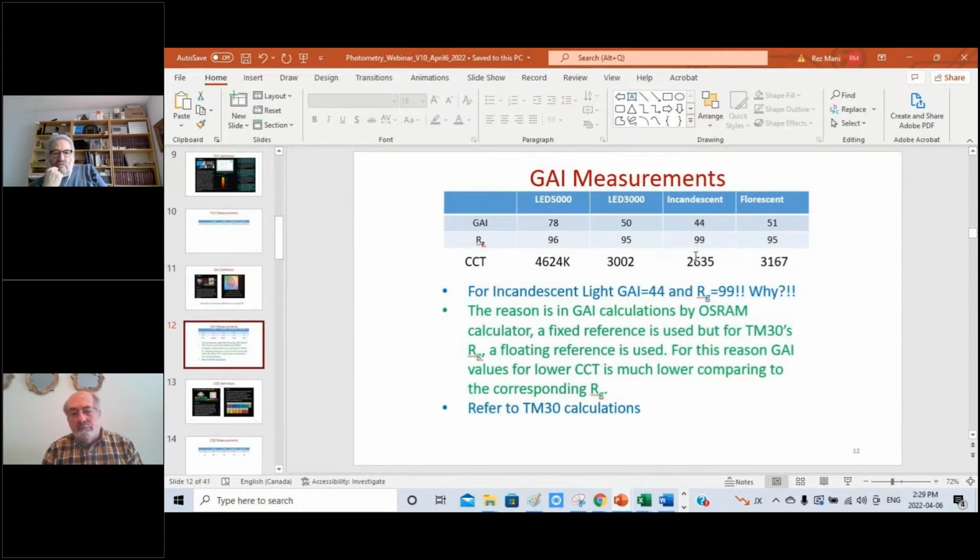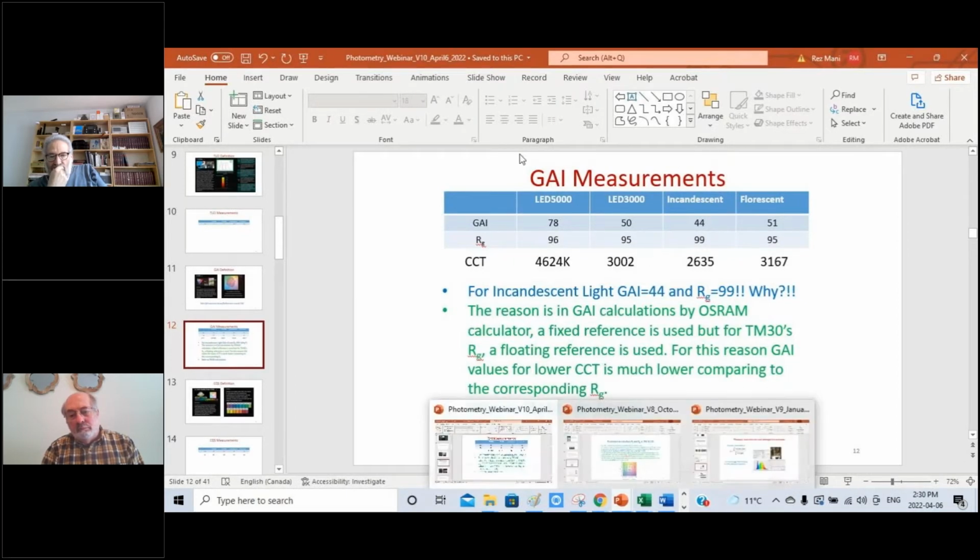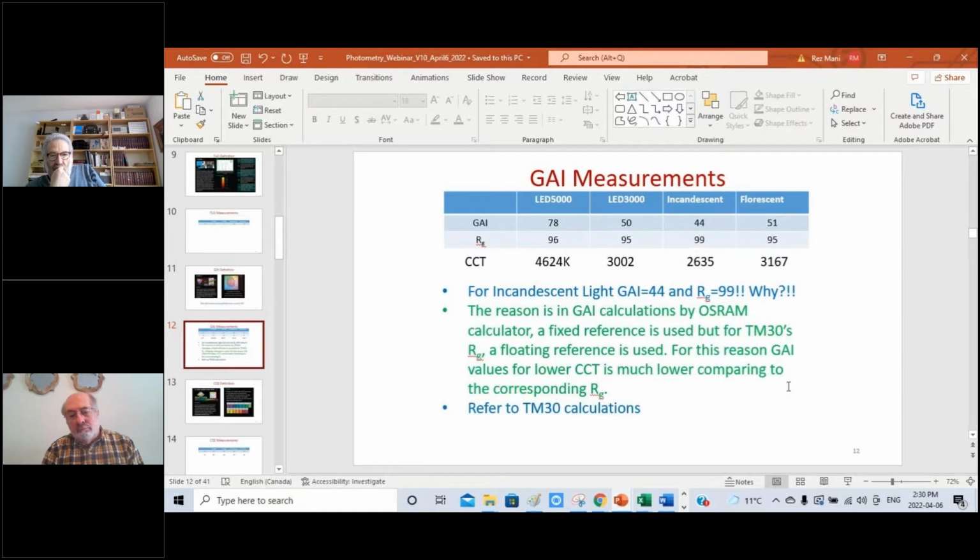So that's why when you do not have a floating reference, you keep your reference constant, this value that is produced for lower blackbody gives a low value, which is inaccurate. So for this reason, I don't recommend using GAI at all, and I would just focus on the TM30 RG and RF values, which are very accurate.